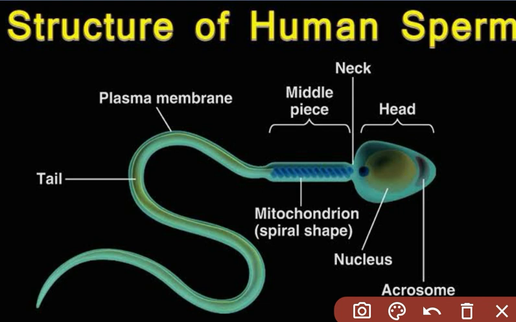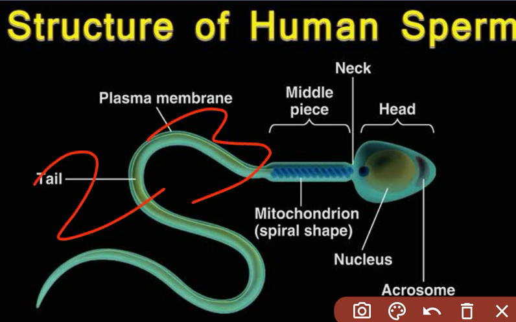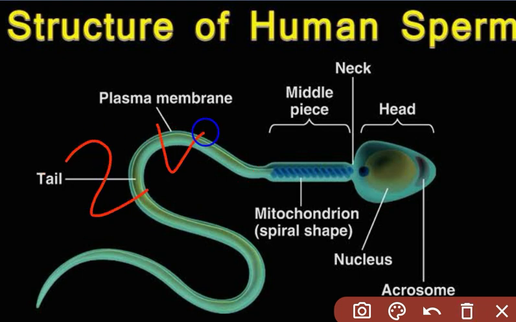The human sperm cell is haploid, so it has n number of chromosomes. Its chromosome number is 23, and these 23 chromosomes can fuse with the 23 chromosomes of the female egg to form a diploid, 2n zygote, and the zygote has 46 paired chromosomes.